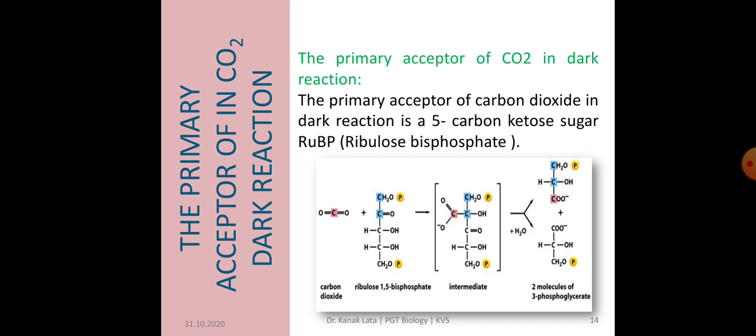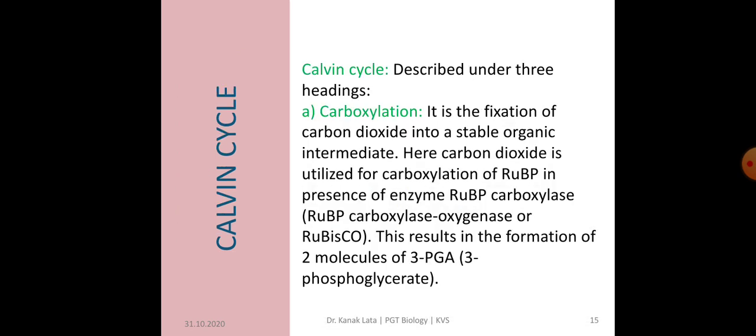In the given reaction below, you may observe the carbon dioxide is accepted by ribulose 1,5-bisphosphate to form 2 molecules of 3-phosphoglycerate. Now we will discuss in detail the dark reaction, that is Calvin cycle.